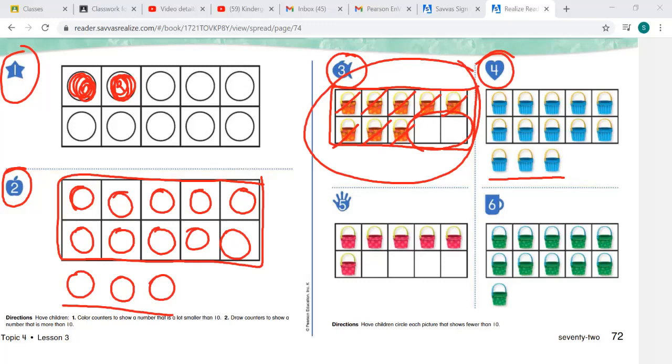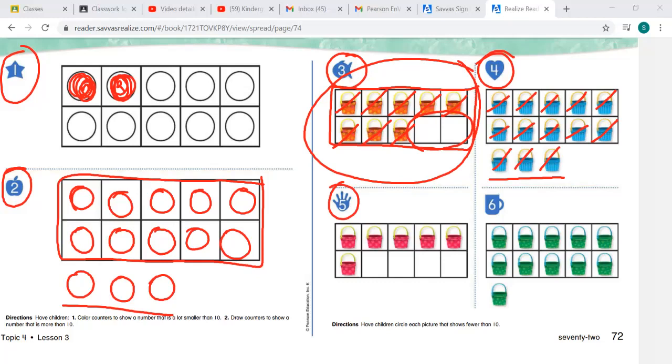So it's showing how many? Let's count them. 1, 2, 3, 4, 5, 6, 7, 8, 9, 10, 11, 12, 13. It is showing more than 10. It is a number greater than 10. We're looking for a number that shows fewer.